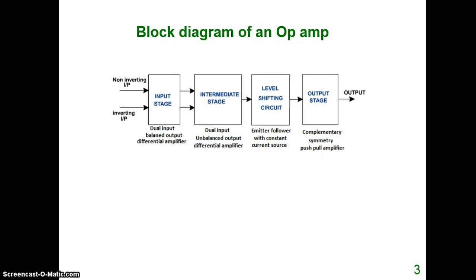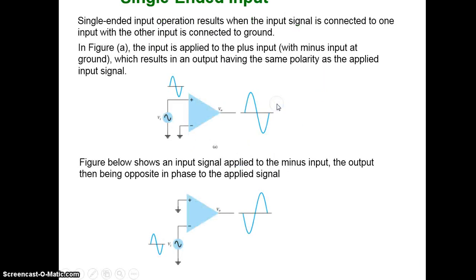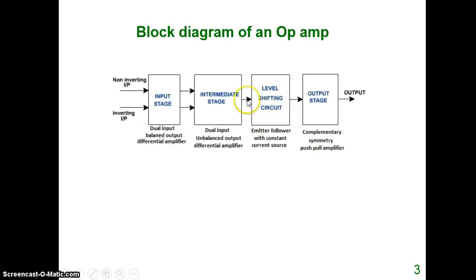Normally the DC voltage at the output of the intermediate stage is well above the ground potential. Sometimes your output voltage will be shifted. So the third stage is a level shifting circuit.